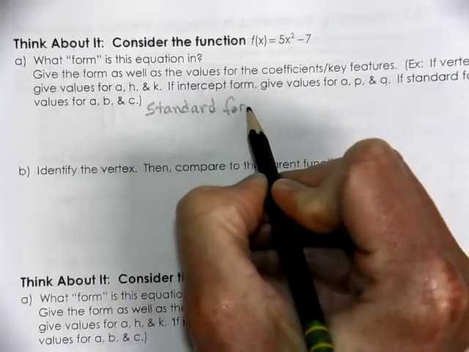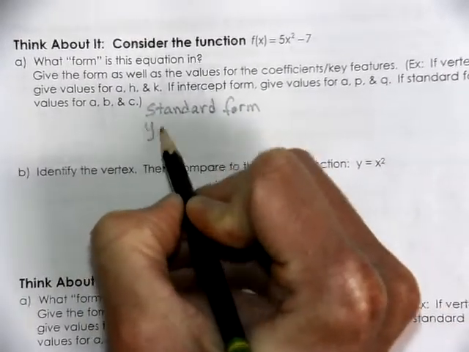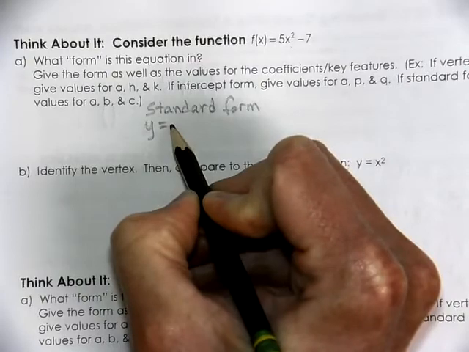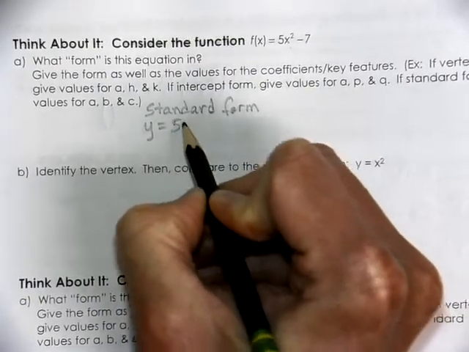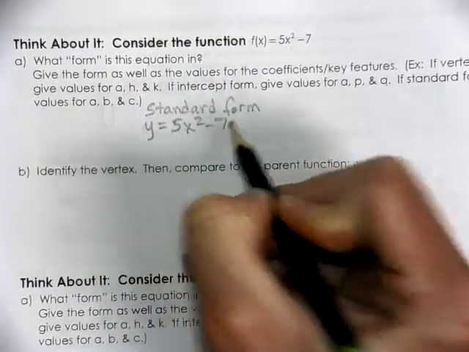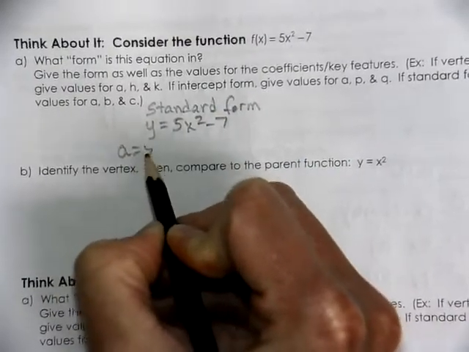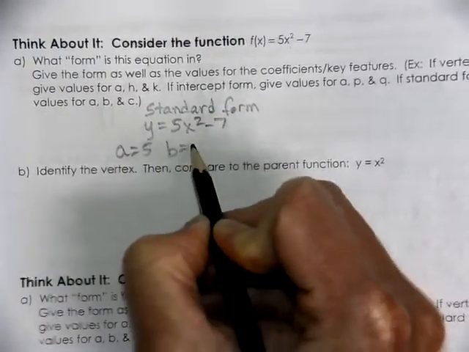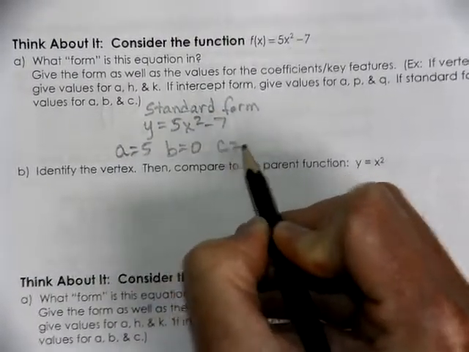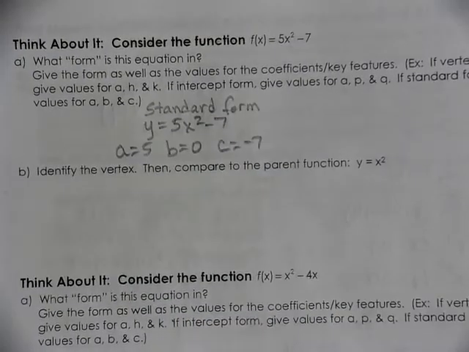Y equals, or f of x, I guess, 5x squared minus 7. The a value is the 5, the b value is not written, and the c value is the negative 7. That can totally work. So you could consider that standard form.